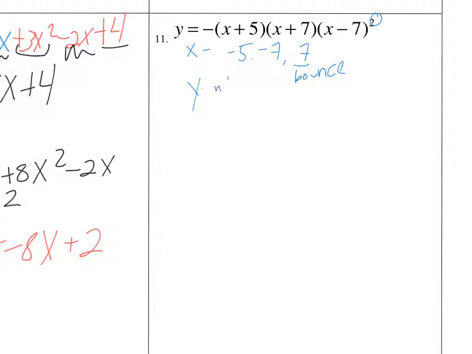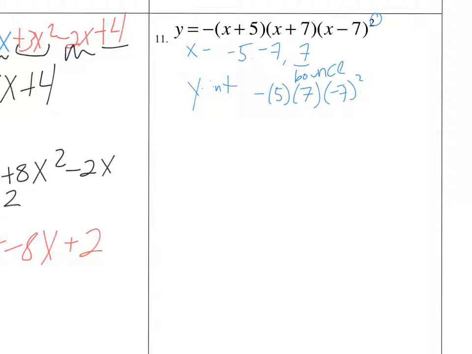Y-intercept, if I plug in 0, I've got negative 4 out front, 5, 7, negative 7 squared. Ooh, nice big number. Okay, so we got negative 5. 7 to the third is going to be 343. So it's negative 1,500 plus another 200.